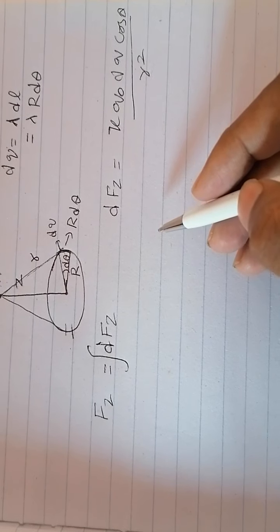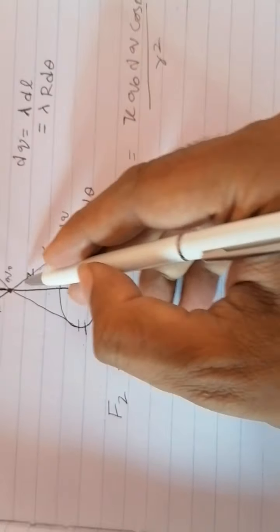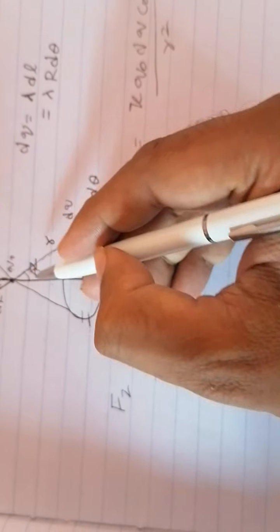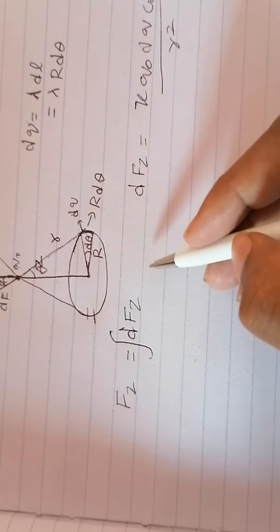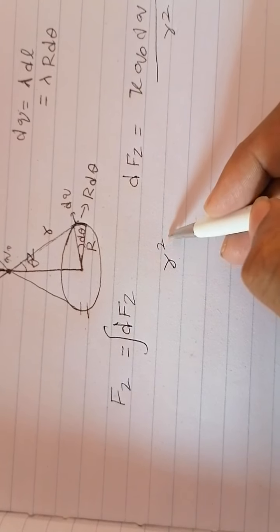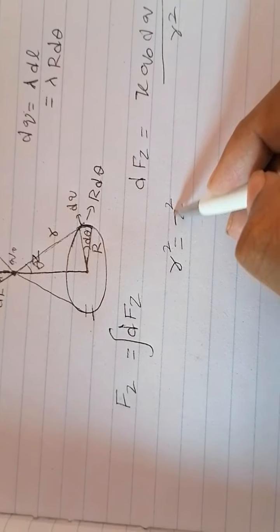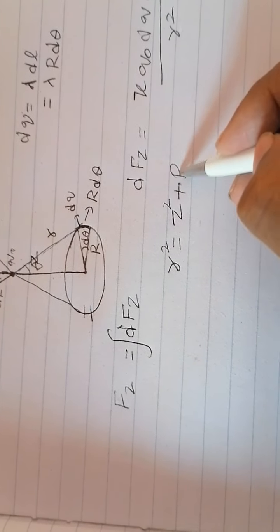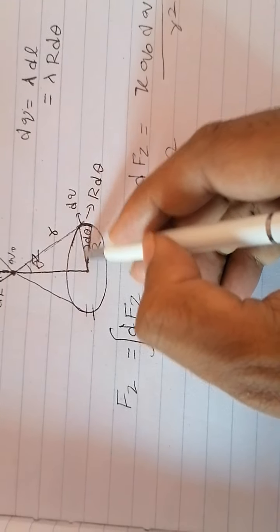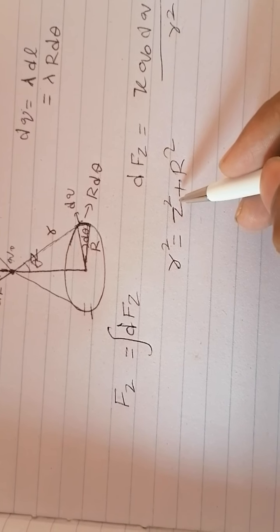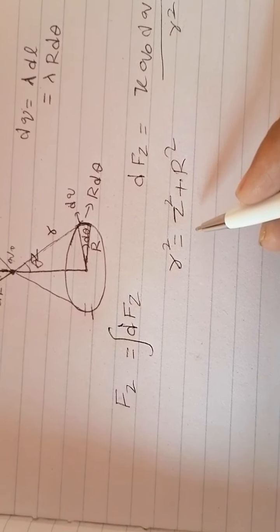First we find the value of r square from this triangle: r square will be equal to z square plus r square.